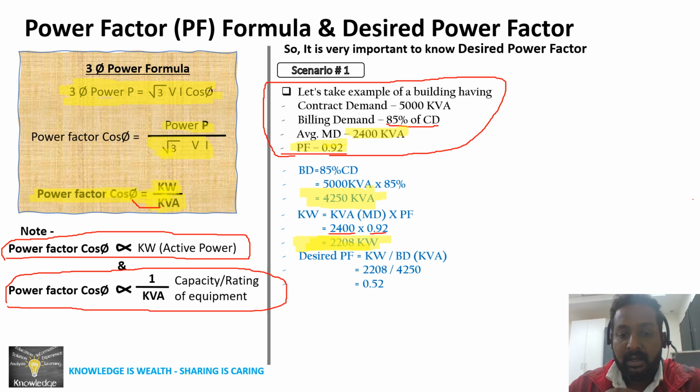For kVA, we need to take the billing demand kVA, that is 85% of contract demand, that is 4250 kVA. So 2208 divided by 4250 kVA is equal to 0.92.